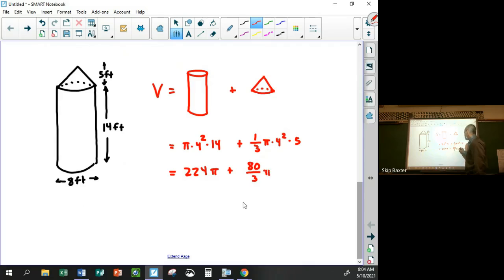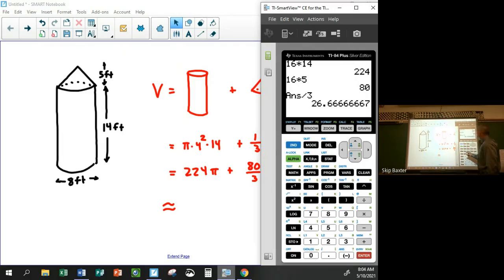Now this is one that they probably wouldn't want you to leave in terms of pi, just because it's a little weird. So let's find a decimal answer for this one. I have 80 pi divided by 3 plus 224 pi.